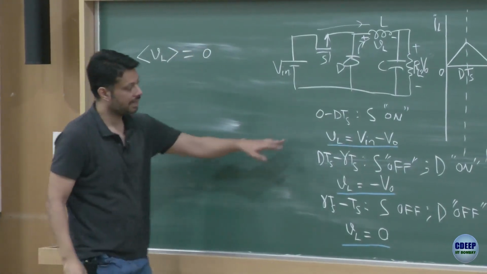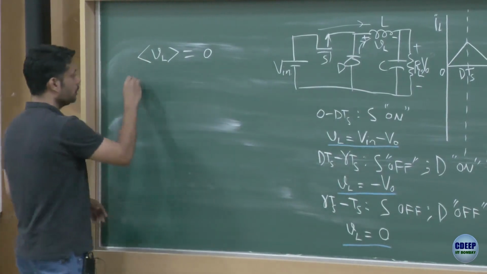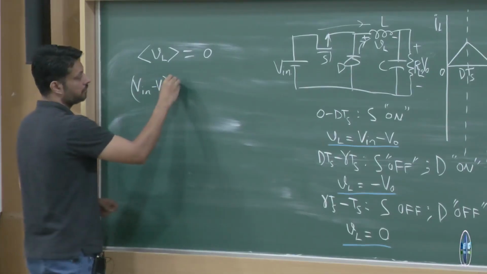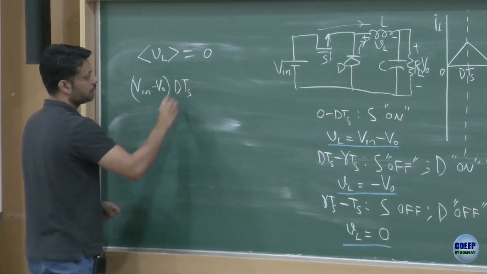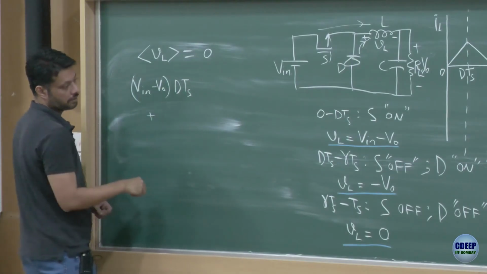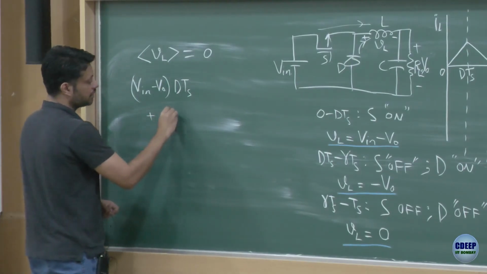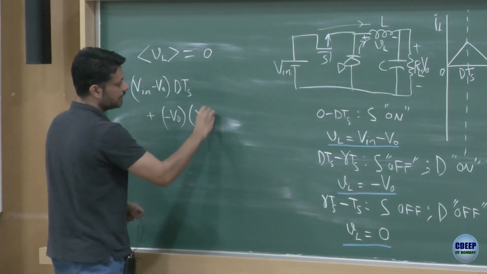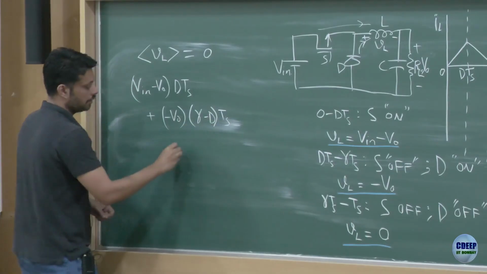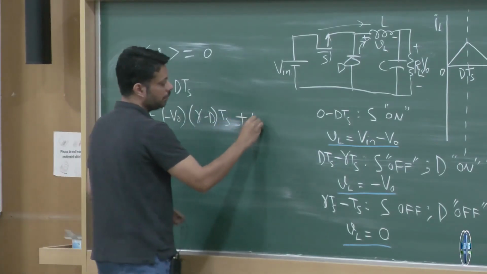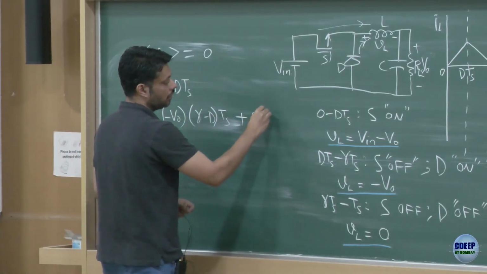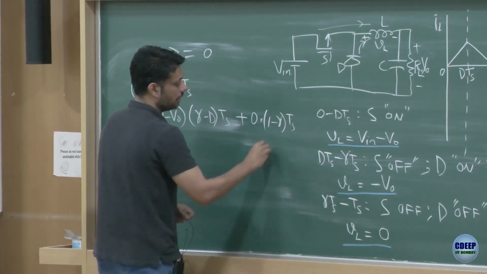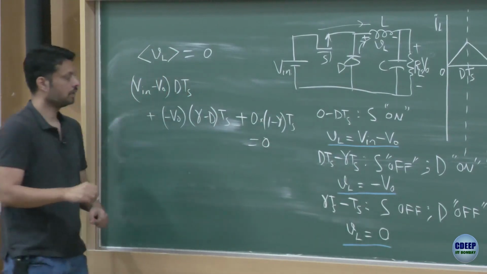If I do that, I can write Vin minus VO applied for a duration of d times Ts, plus minus VO applied for a duration of (gamma minus d) times Ts, plus 0 applied for a duration of (1 minus gamma) times Ts, equals 0.